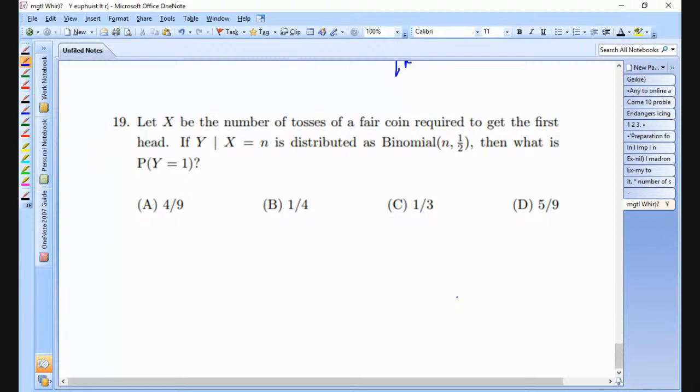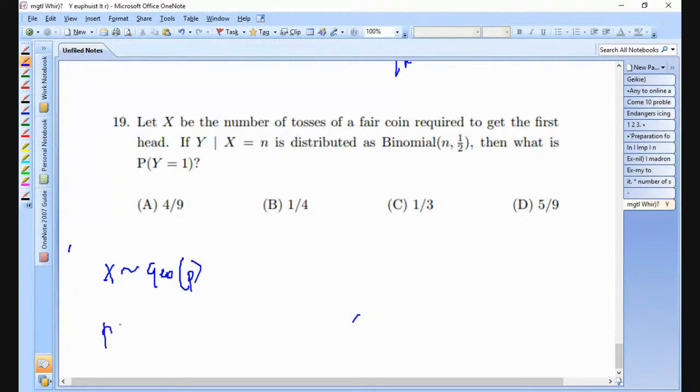X follows geometric distribution. That's true. But my question is something else.